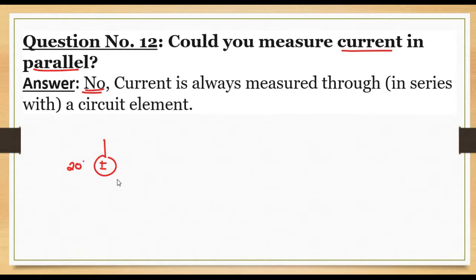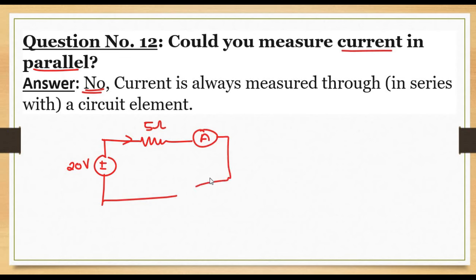this is a voltage source of 20 volts and this is a resistance of 5 ohms. Now you have to measure the current flowing through this 5 ohm resistor. Then what you have to do is connect the ammeter in series with the resistance, which will show you the current flowing through it.